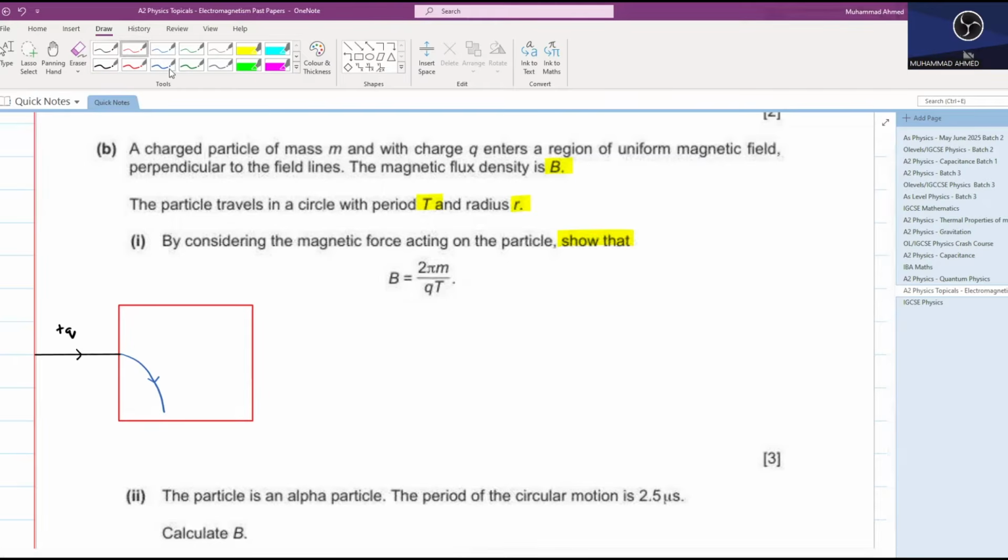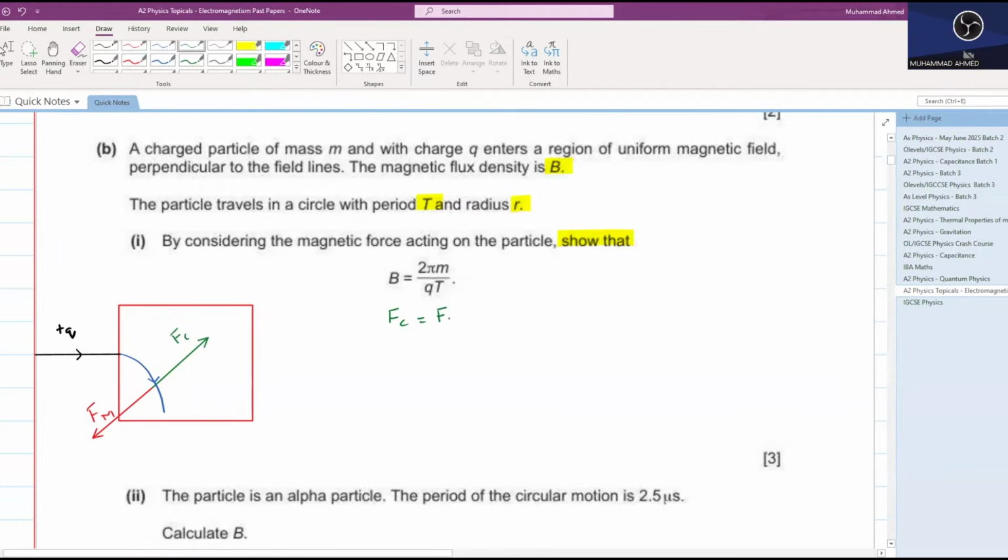Now, whenever a charged particle enters a magnetic field, a magnetic force acts like this on the charged particle. Let's say this is your magnetic force. Similarly, a centripetal force acts away like this as well. So what can you say here? You can say that centripetal force will be equal to the magnetic force. Sorry, I have written G here. I don't know why. This will be Fm.